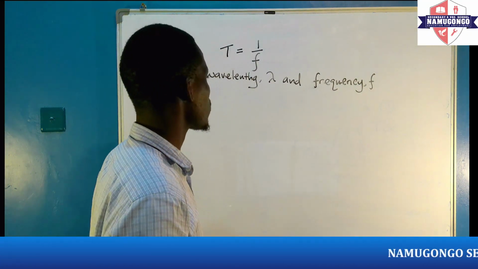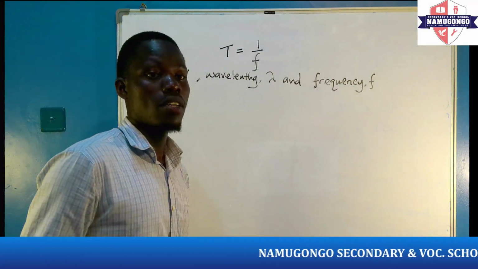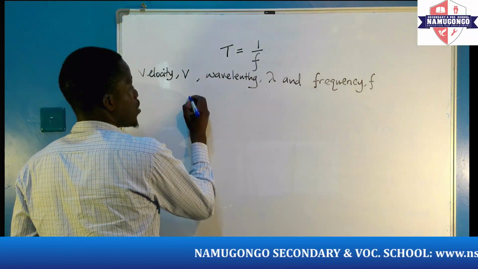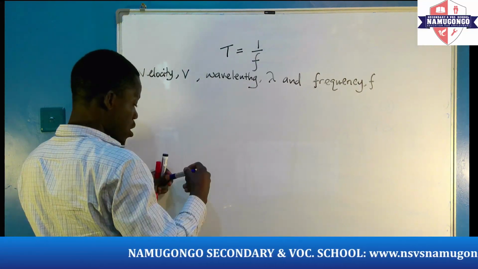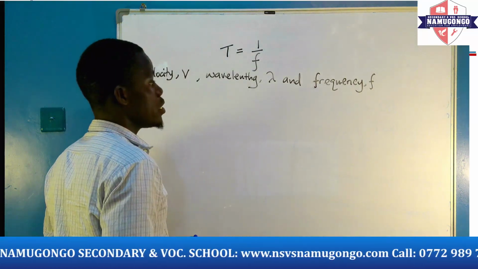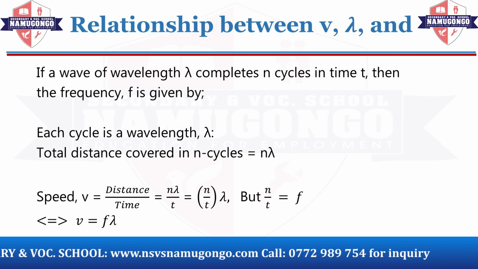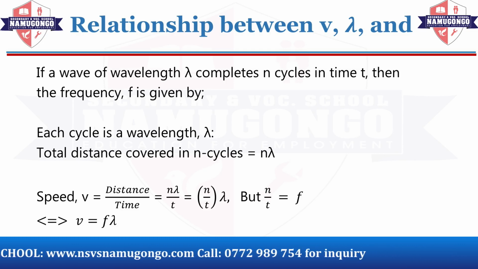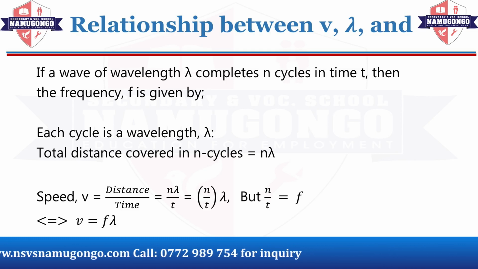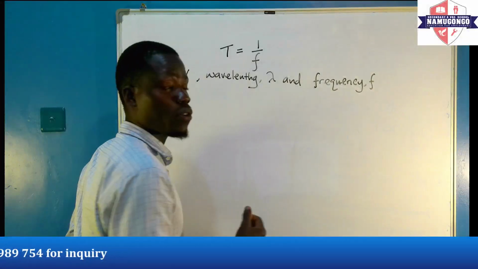So if a wave is traveling from one point to another and it is covering a number of cycles in a given time frame, say time is t, then we are going to have that as our frequency.